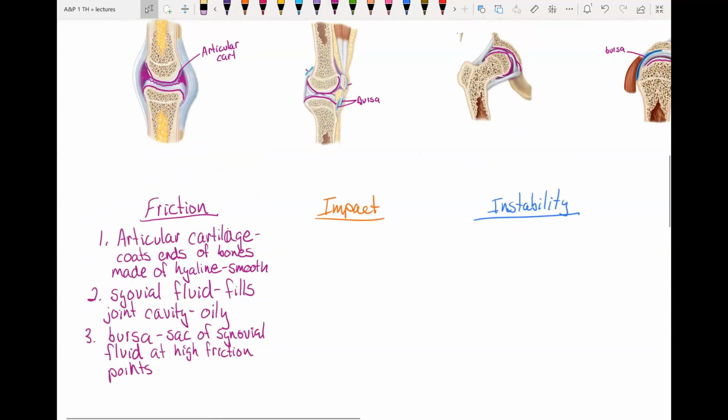Okay, now let's move on and look at impact. So you have a lot of force on your joints every time you move, and you need something to cushion. So some of these things serve double duty. Your articular cartilage, it's not only smooth to reduce friction, it also cushions.